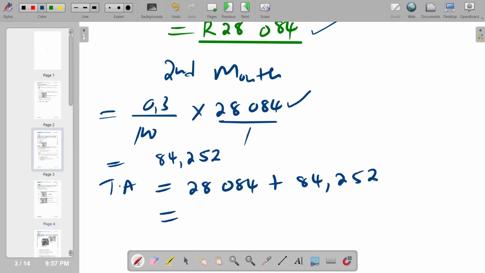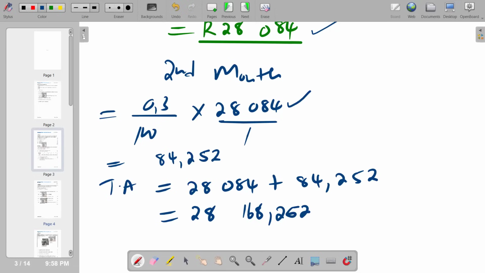If we add the two figures, you are going to get your total is 28,168 rands. And then of course we've got a 0.252 again, which you can always round up to 2 decimal places.